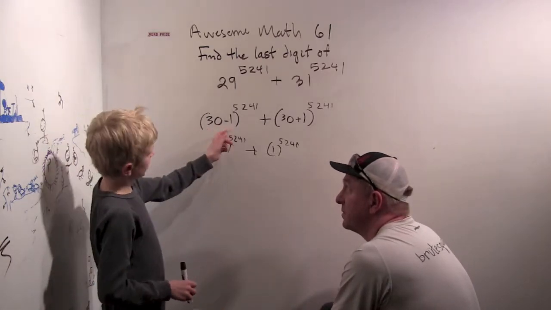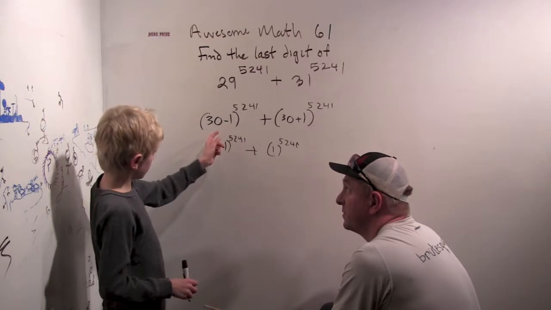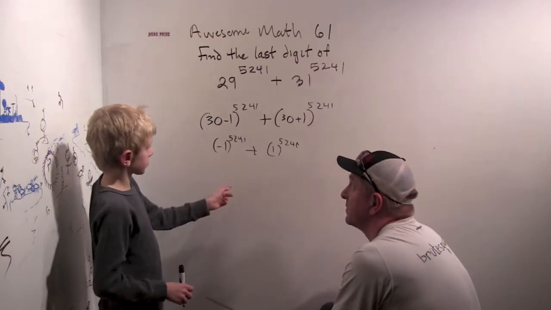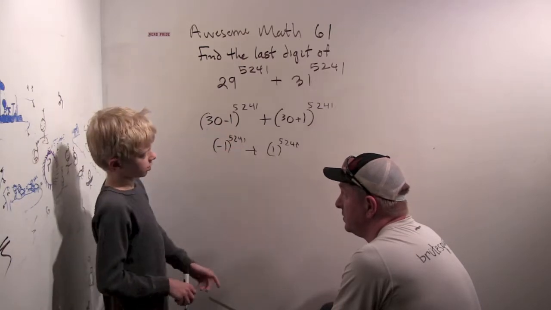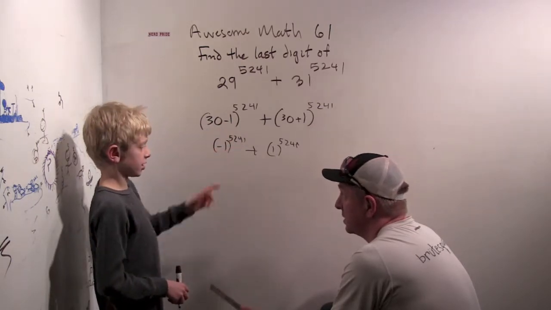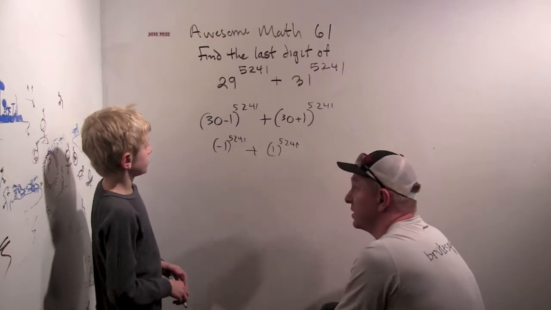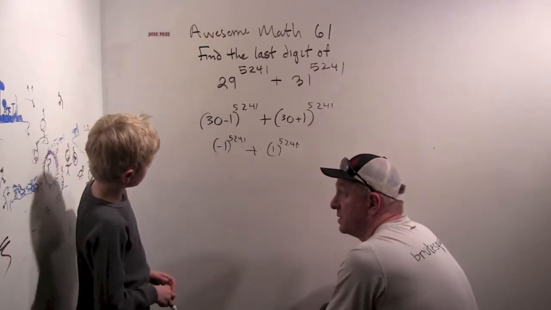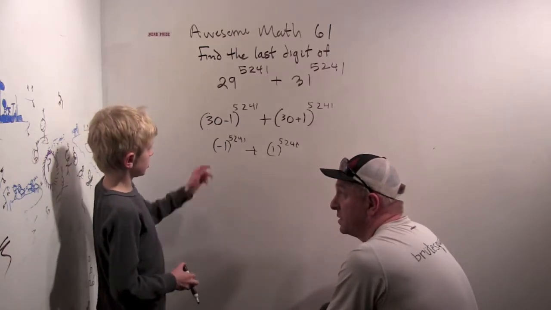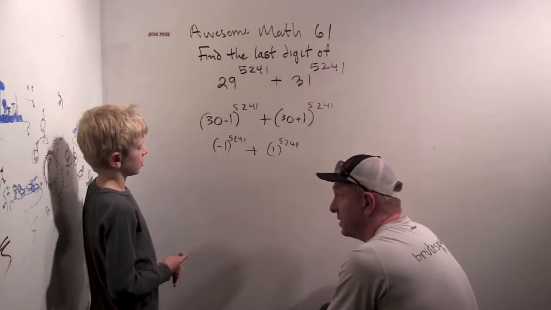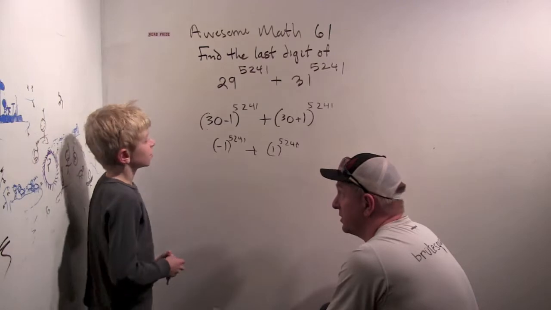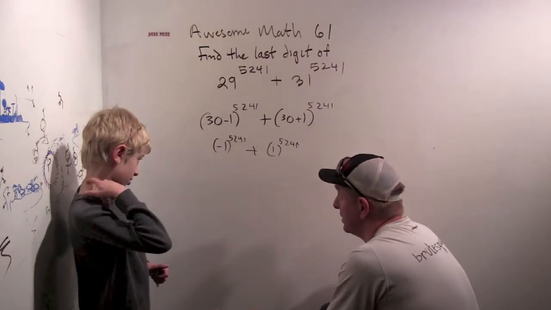Because if we have the 30 minus 1, we get a 29. That's the last digit. Okay. So minus 1 is going to be the same as what? Minus 1 is the same as 9. Pretty interesting, right? Okay.